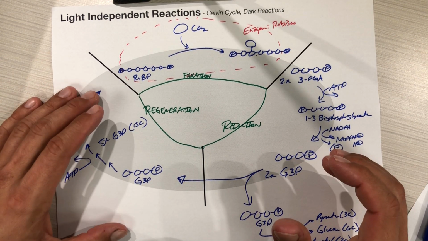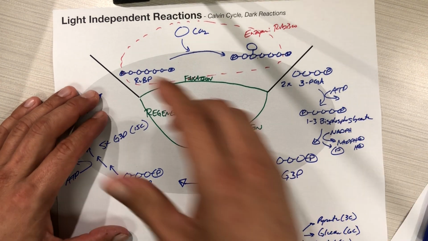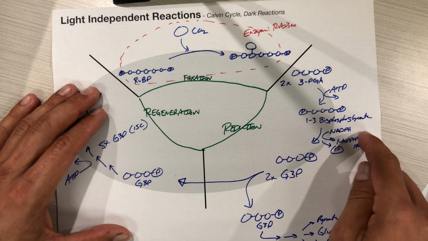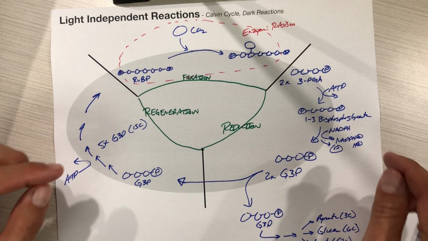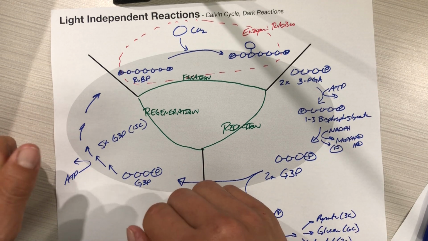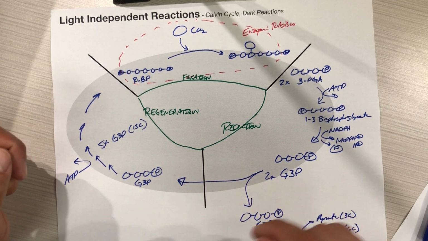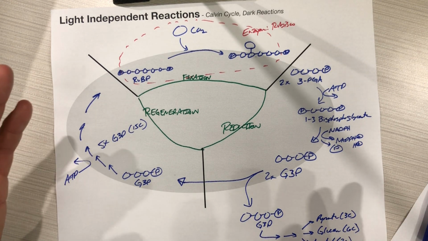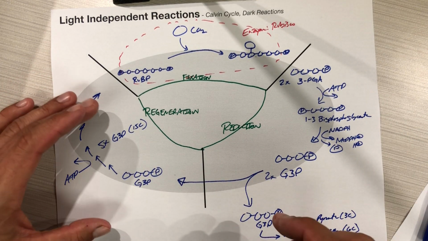But the reason why it is still beneficial to do is because it is the light-independent reactions. The ATP and the NADPH that we're using up is the same ATP and NADPH that we generate during the light-dependent reactions. So the chloroplast is going to make ATP and NADPH and then send it out to the stroma, and then in the stroma we're going to use that energy to create this sugar.